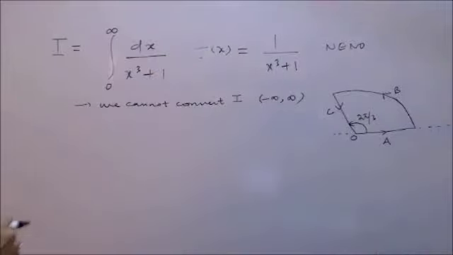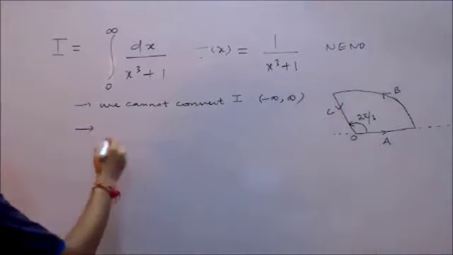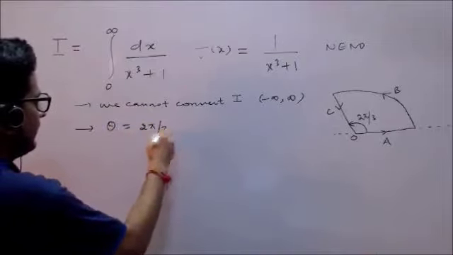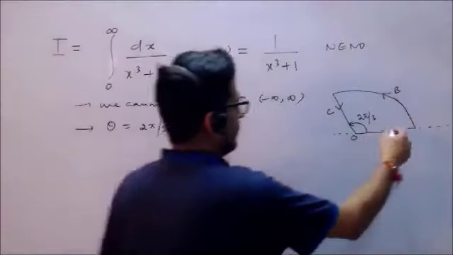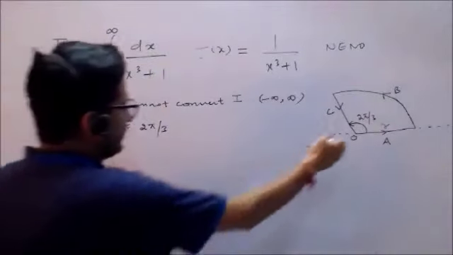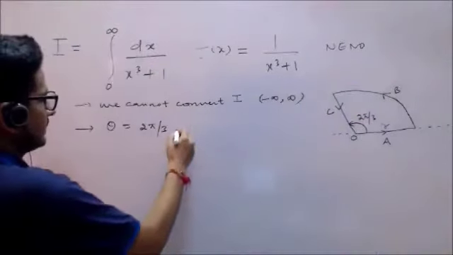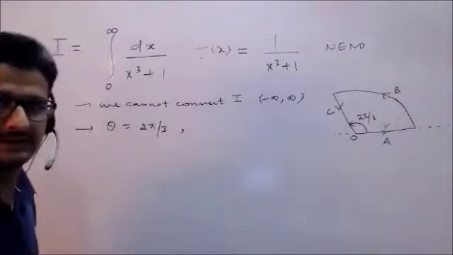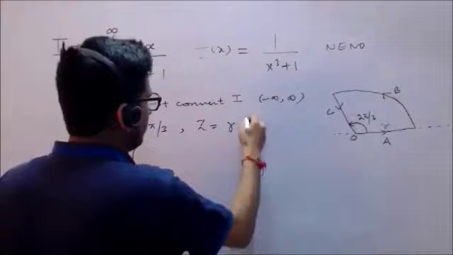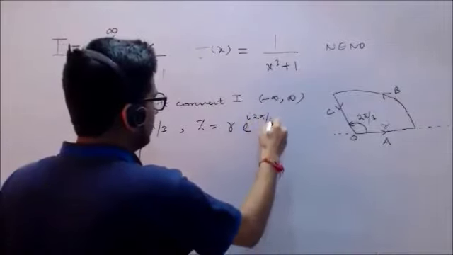And if I consider an angle theta equal to 2 pi by 3, and suppose the radius is r, what is the definition of this contour? Z is equal to r e to the power i 2 pi by 3.